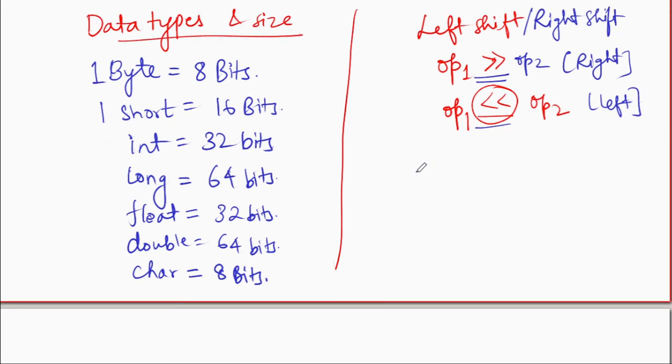Now how does this work? Let us say 27, which is 11011, and considering the data type short, let's say short A is 27. So 16 bits are required for that.